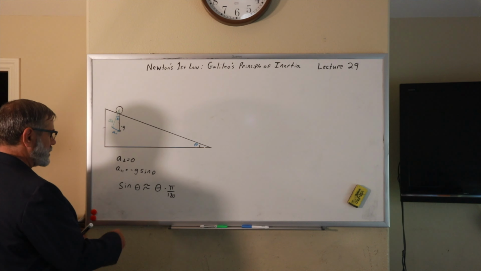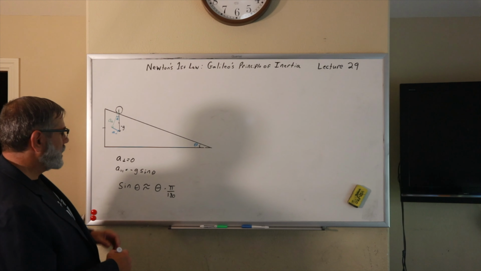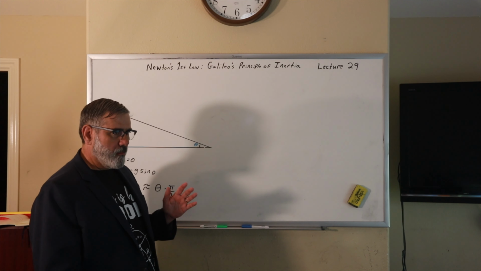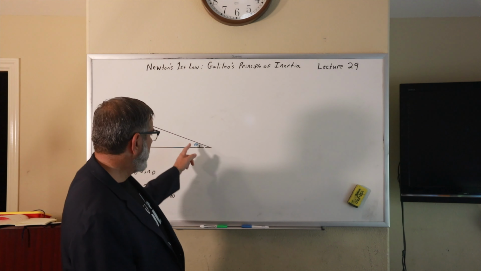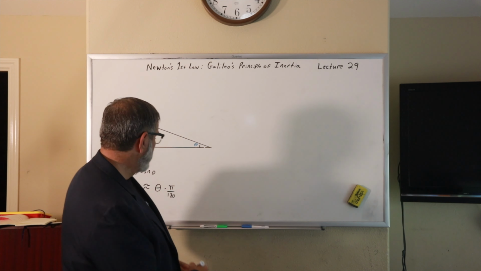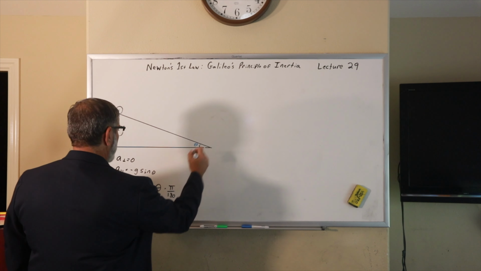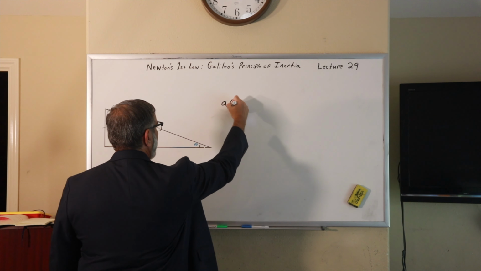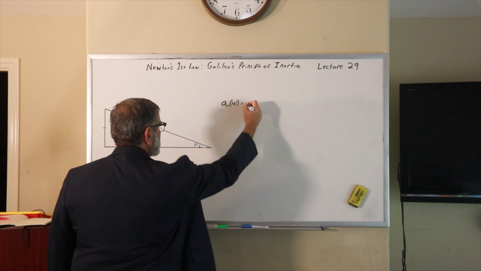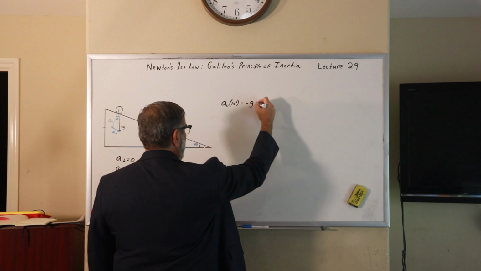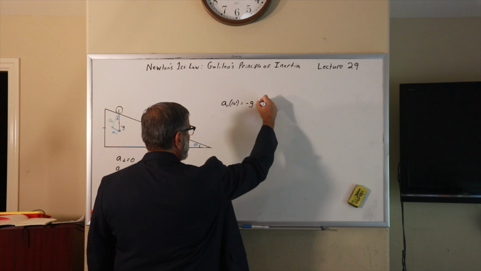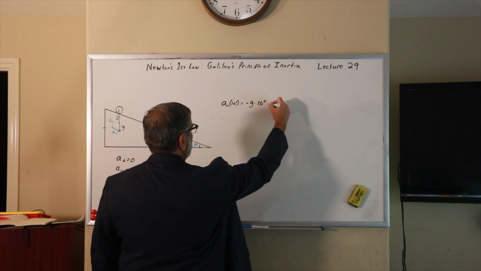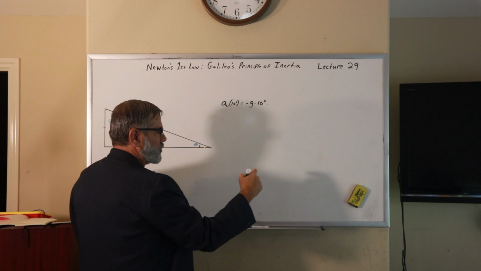So if we wanted to consider, for example, what is the acceleration we would see on an inclined plane if we used theta of 10 degrees. Well, if I do A parallel for 10 degrees, that's going to be minus g times the sine of theta, which we're going to replace with theta. But since I'm specifying this in degrees, I'm going to put in my conversion factor from degrees into radians.